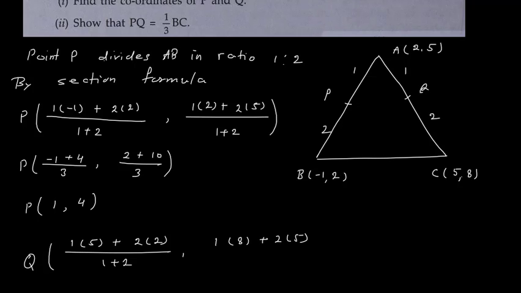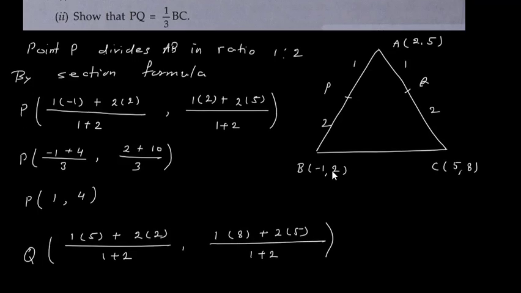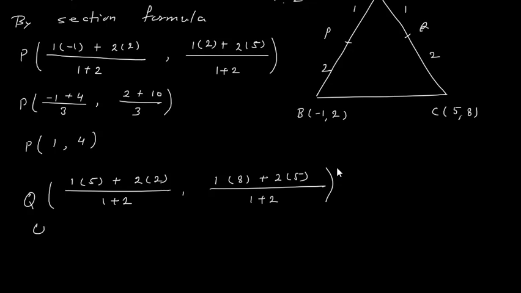So this gives the coordinate of Q as 5 plus 4 is 9, 9 divided by 3, comma, 8 plus 10 is 18, 18 divided by 3. So Q is 3 comma 6. So coordinates of P and Q we got.